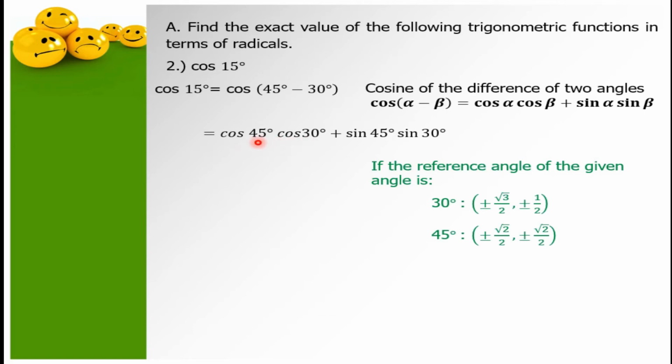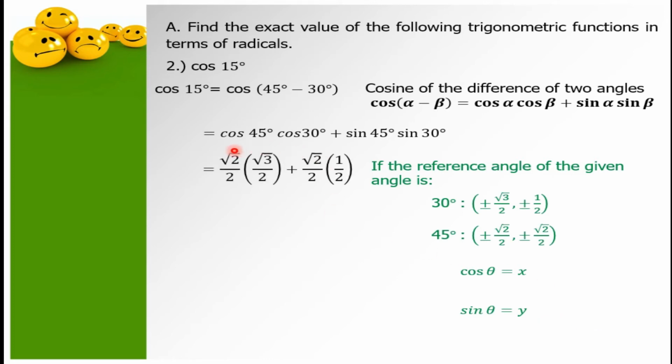Okay? So, tama, nasa first quadrant. So, alam naman natin, pag nasa first quadrant, lahat ay positive. Yung x-coordinate ay positive, at yung y-coordinate ay also positive. And also, pareho lang sa 30-degree angle. Lahat ay positive. So, remember lang natin, cosine theta is equal to x and sine theta equals y.